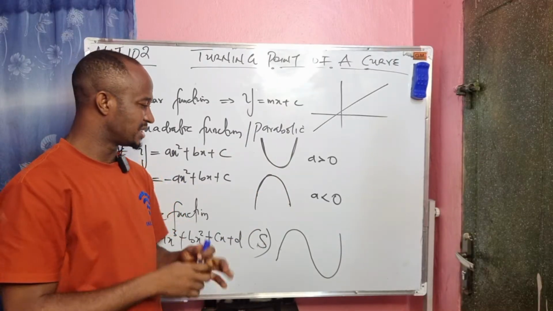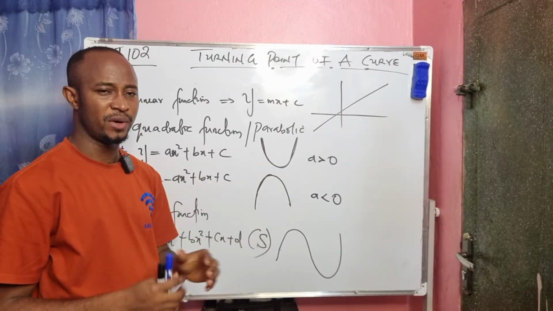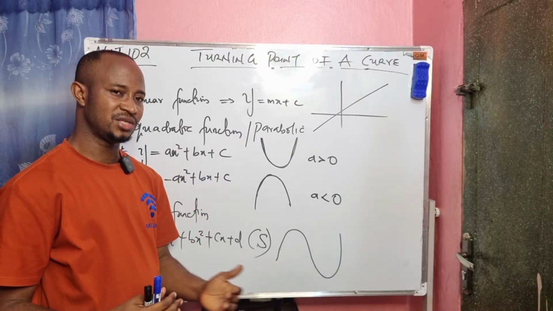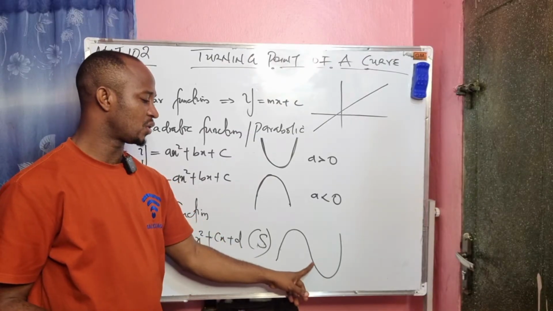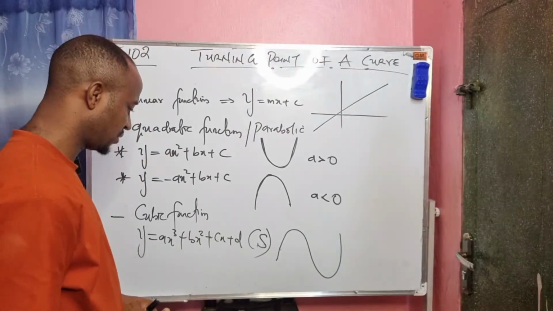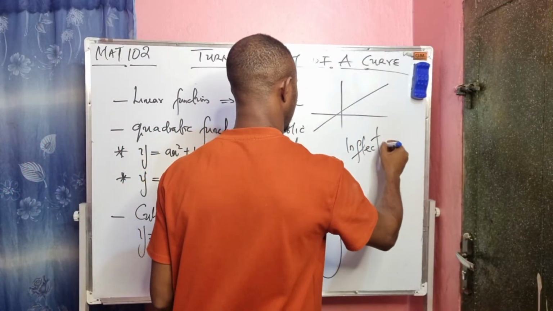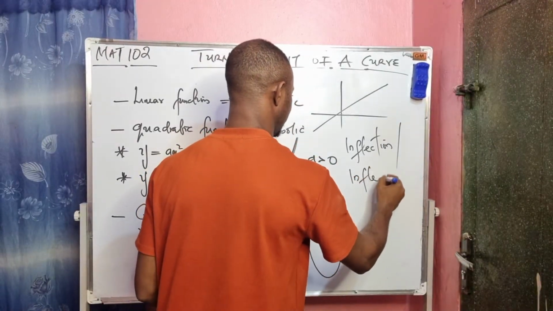When the curve opens downward, the curve has a maximum point. But when the two curves are joined together to form an S shape, we can have a maximum, a minimum, and a third point called the point of inflection.